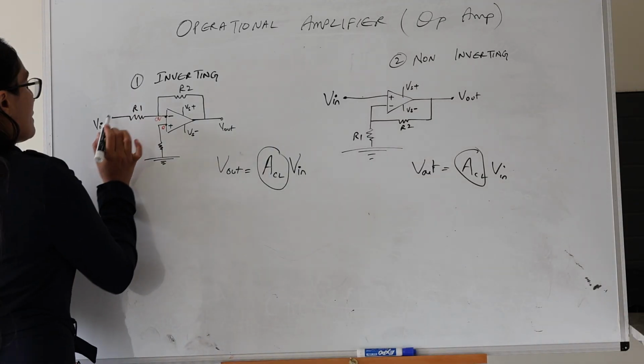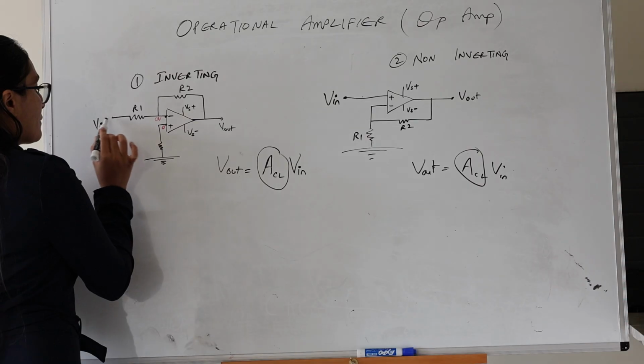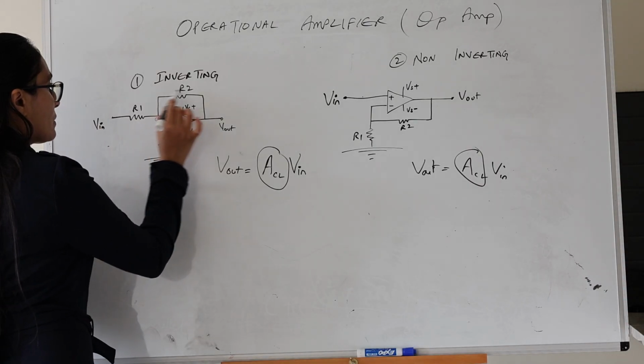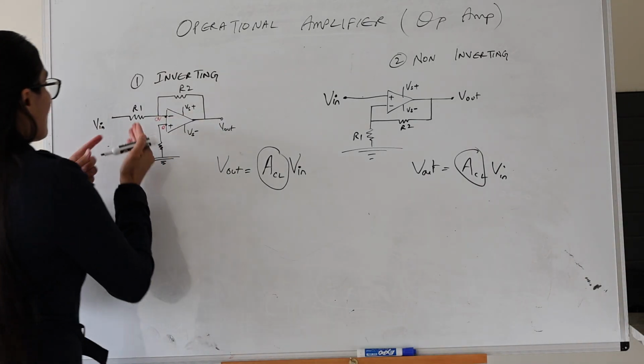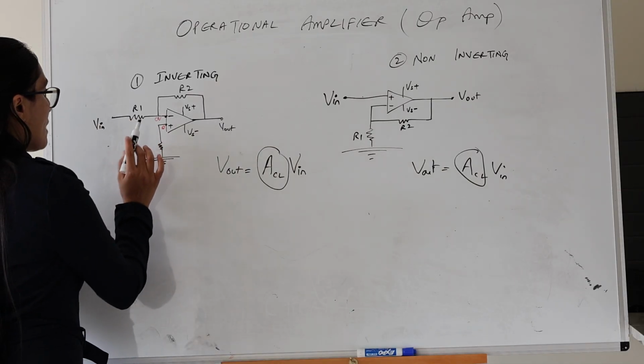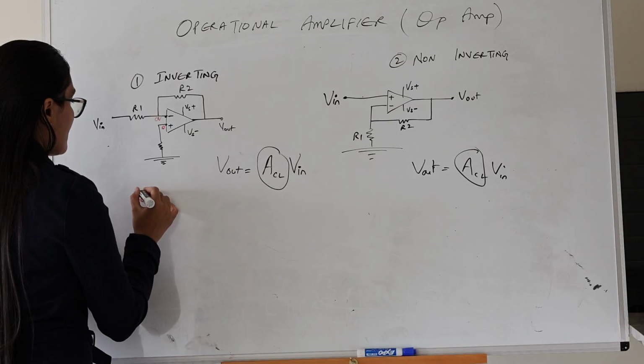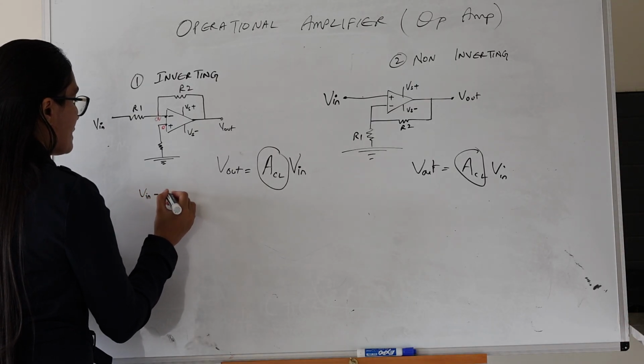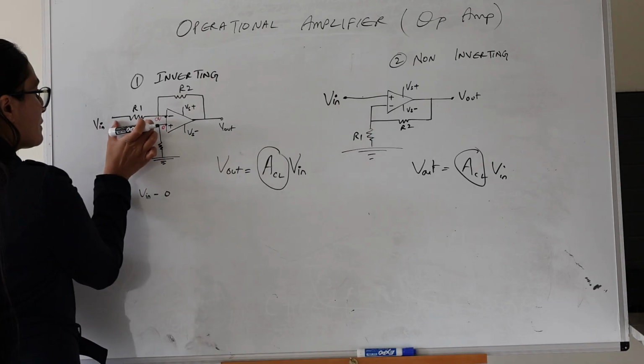Then we know that the current is going to go from this direction all the way here. When the current flows through a resistor, there's going to be a voltage drop. So the voltage drop across R1 is V in minus 0 volt.